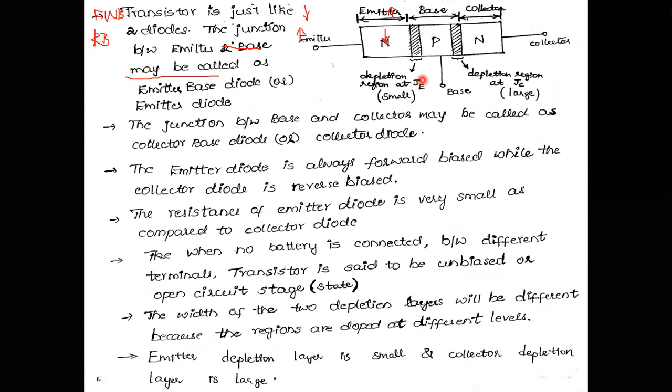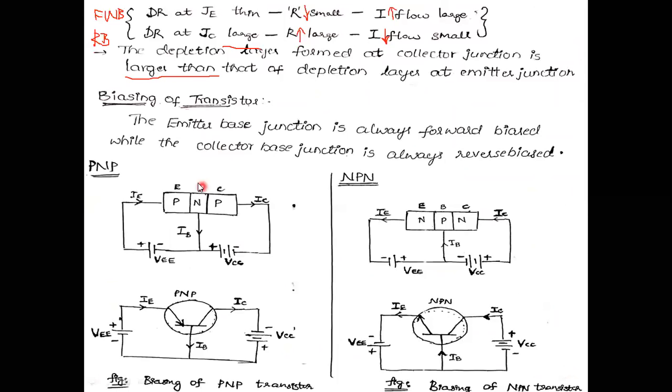By applying that biasing condition, you need to explain how the resistance part as well as the current part behave, as well as the width of the depletion region variation, how the depletion region variation takes place. Okay, this is regarding the layered diagram of the NPN type of transistor.